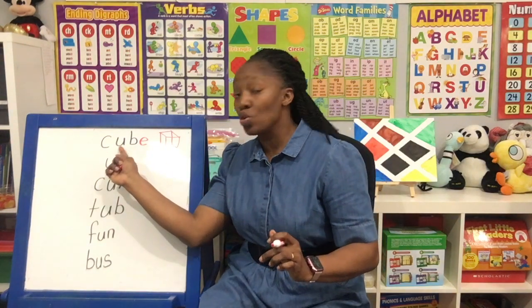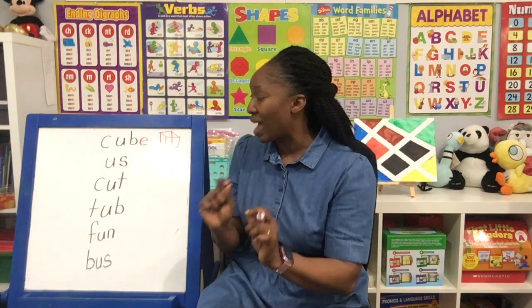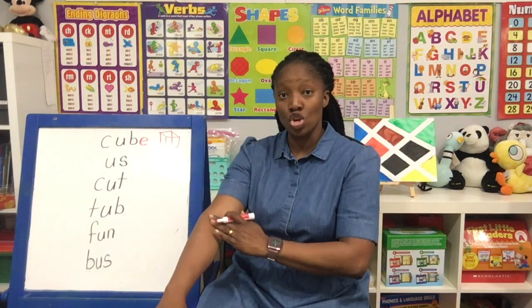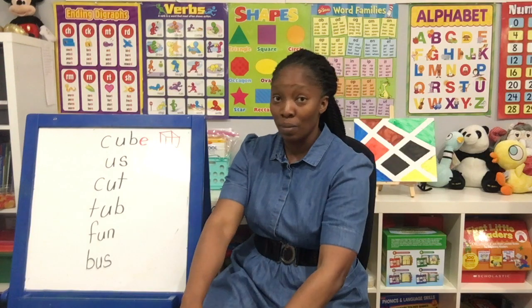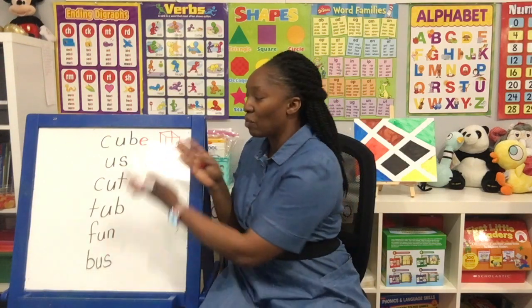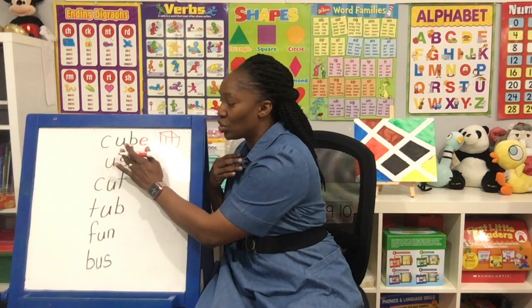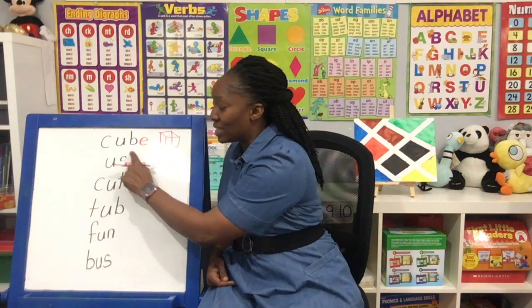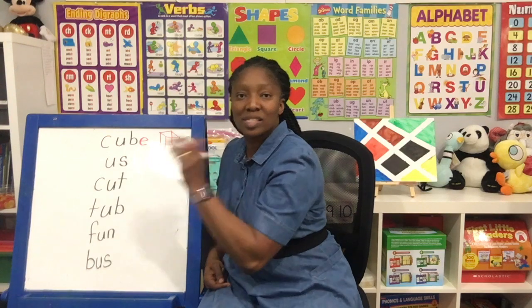So now the U is making the U sound. Still 3 sounds. Watch this. K, cube, cube. 3 sounds, but 4 letters. 1, 2, 3, 4. Because that E becomes silent, the E tells this letter, hey, say your name.